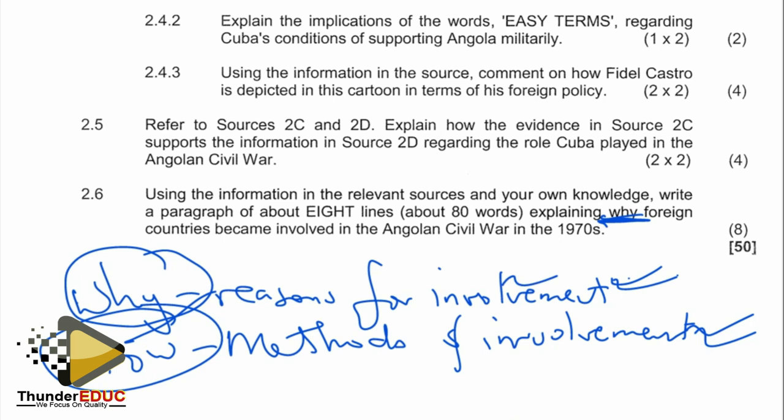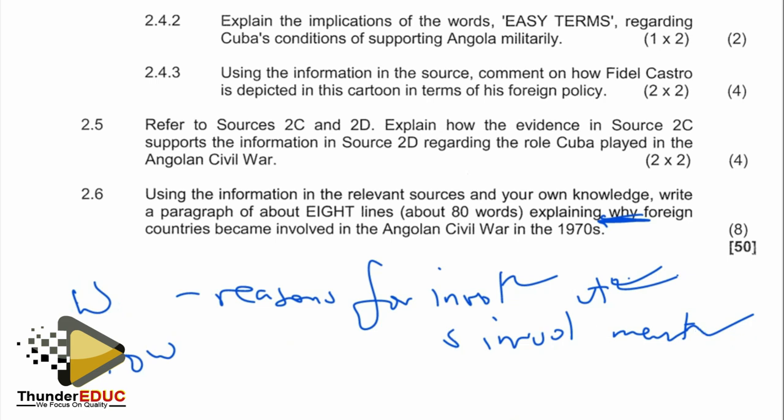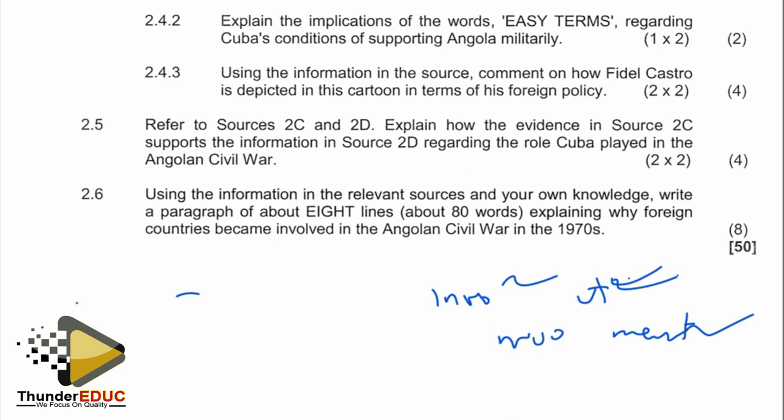Right. So when you are starting your paragraph question, you need to start with a clear statement. The question is talking about why countries were involved in Angola. So when you are starting your paragraph question, you should start with a point which is very clear, or start with a line of argument which points out a clear statement.